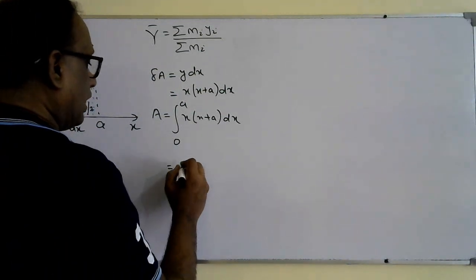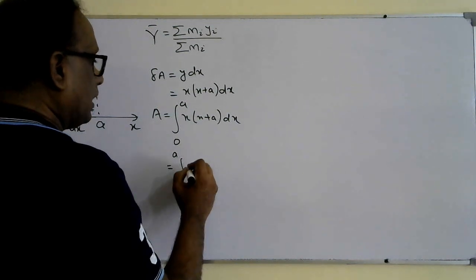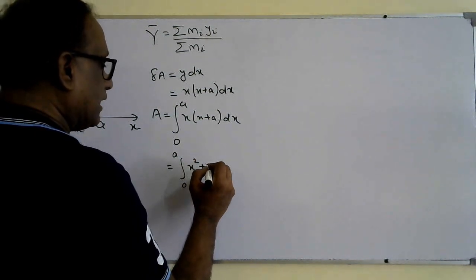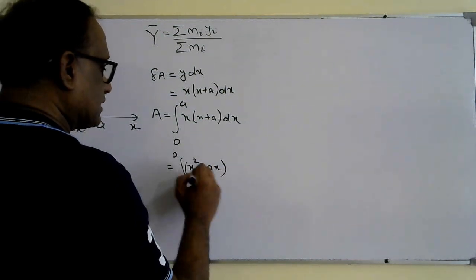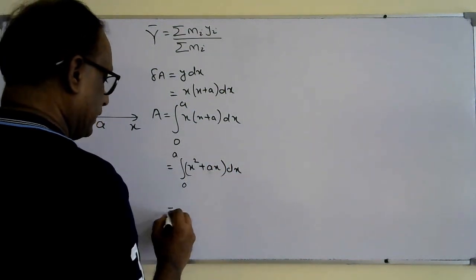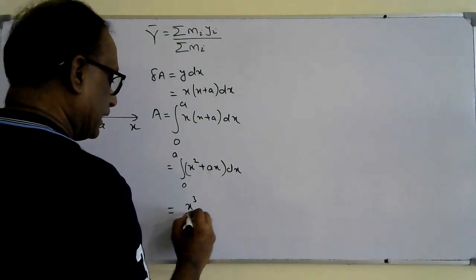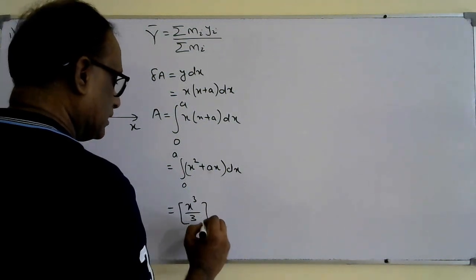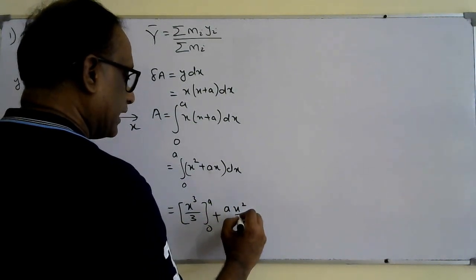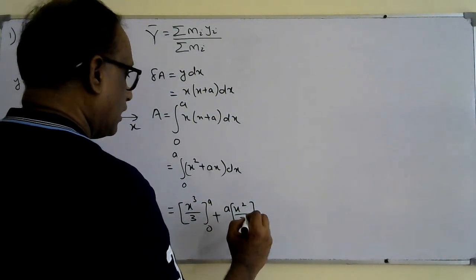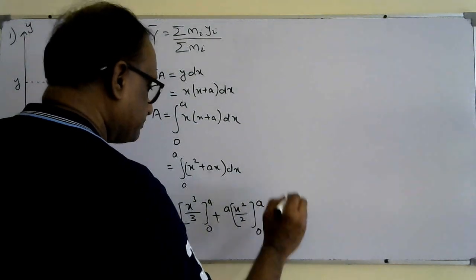So it's going to be the integral from 0 to a of x squared plus ax dx. So it's going to be x cubed by 3, the limits 0 to a, plus ax squared by 2, 0 to a.